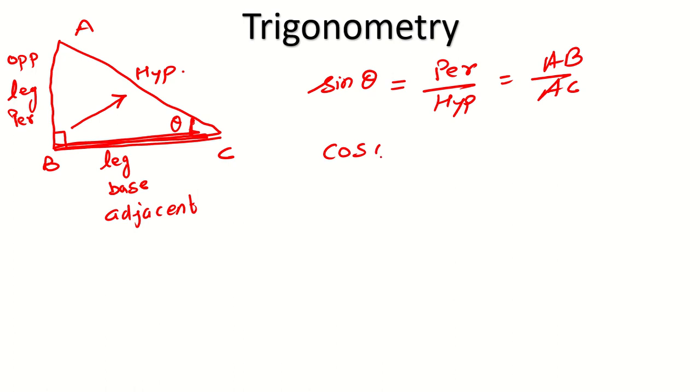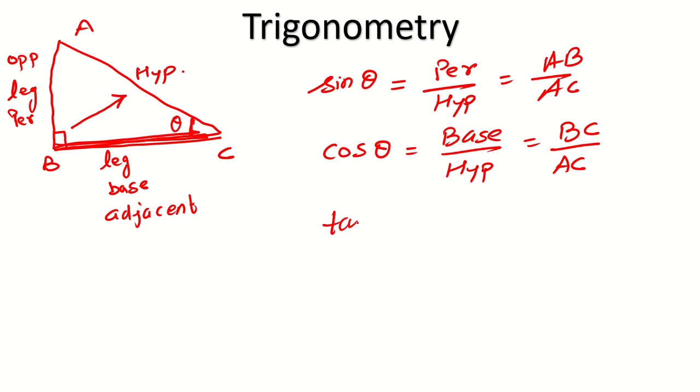Similarly, cos theta, cosine theta, will be equal to base over hypotenuse, which is BC over AC. And tan theta, tan means tangent, tangent of theta will be equal to perpendicular over base, which is AB over BC.